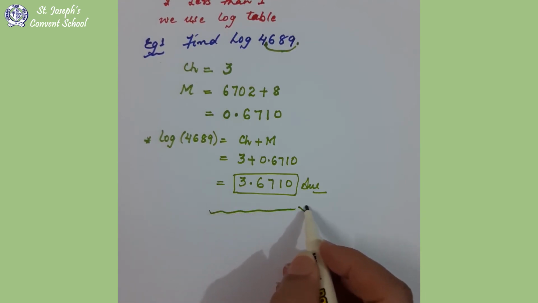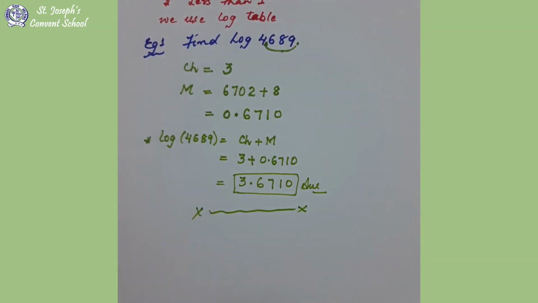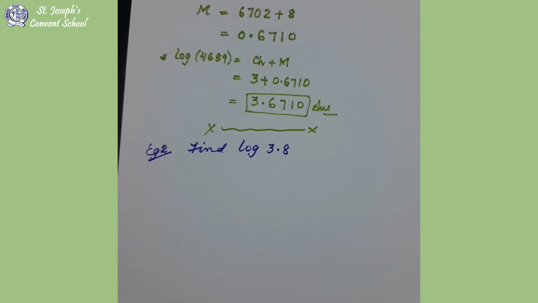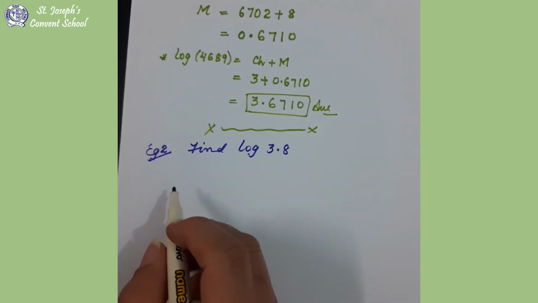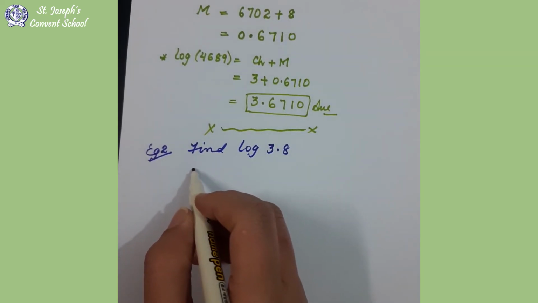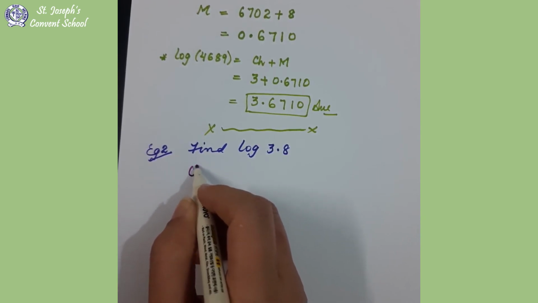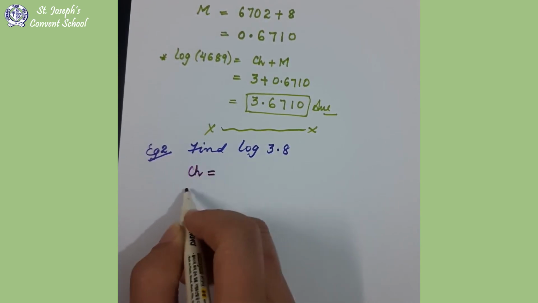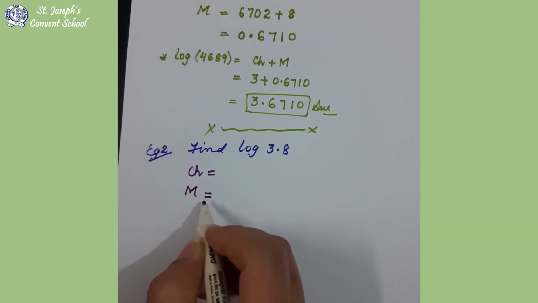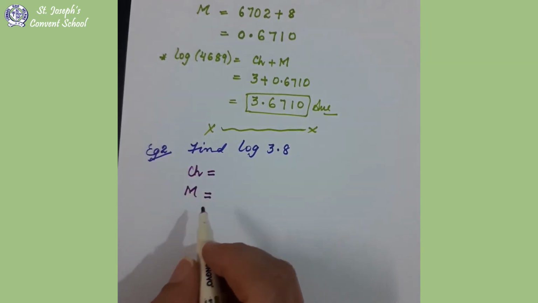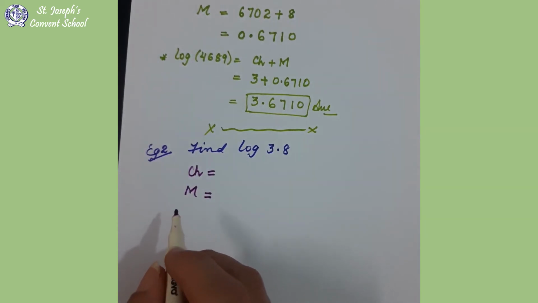Okay, let me give you more examples. Now the next example is: find log 3.8. In the same way, we'll find the characteristic, then find the mantissa, and in the end we will add. For the characteristic, we shift the decimal after the first non-zero digit.